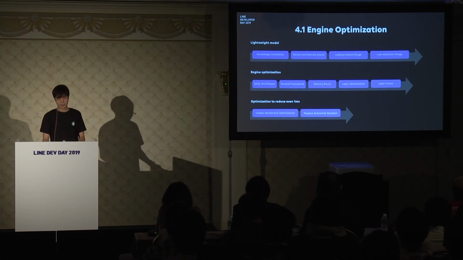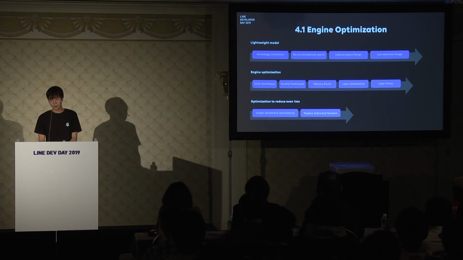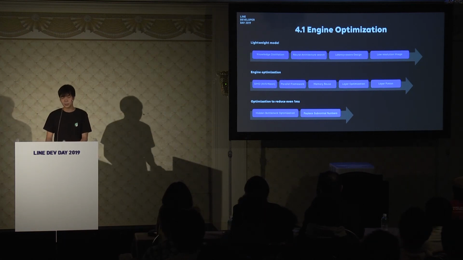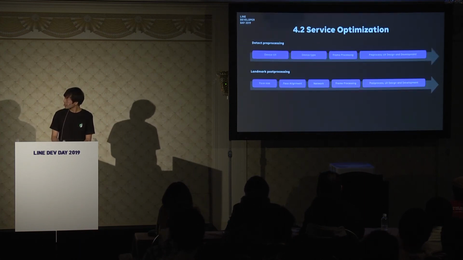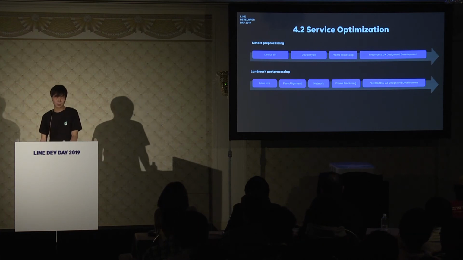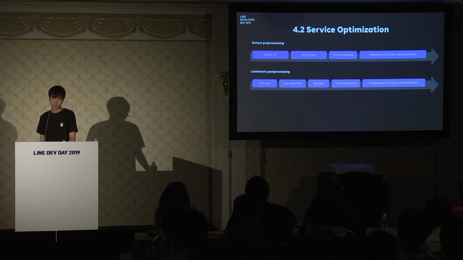We try to reduce it even further by 1 millisecond because it makes a really huge difference in recognition speed. In service optimization, we did detect pre-processing before recognition and landmark post-processing after. The service was made to make the UX more convenient to users by developing it before and after recognizing the user.